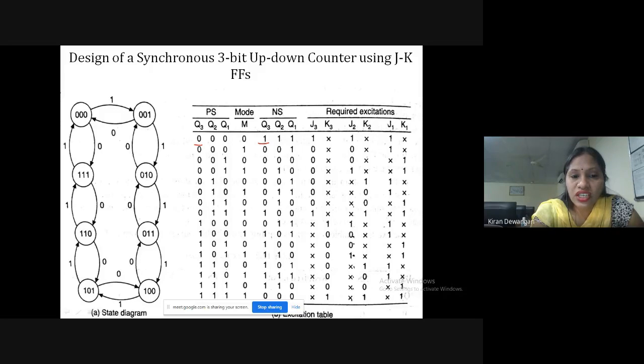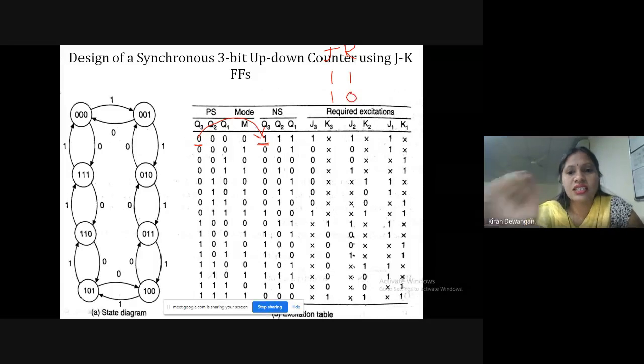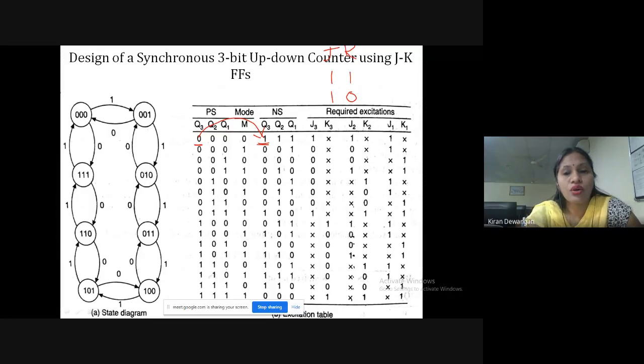Q3 is 0 in the present state, and the next state is 1. So what is actually happening? ये टॉगल हो रहा है. टॉगल हो रहा है मतलब इधर J3 K3 can be 1 and 1, दोनों केस में हो सकता है, और else इधर J and K, इधर it is 1 and it is 0. वो दोनों के केस में ये 0 से 1 हो जाएगा.